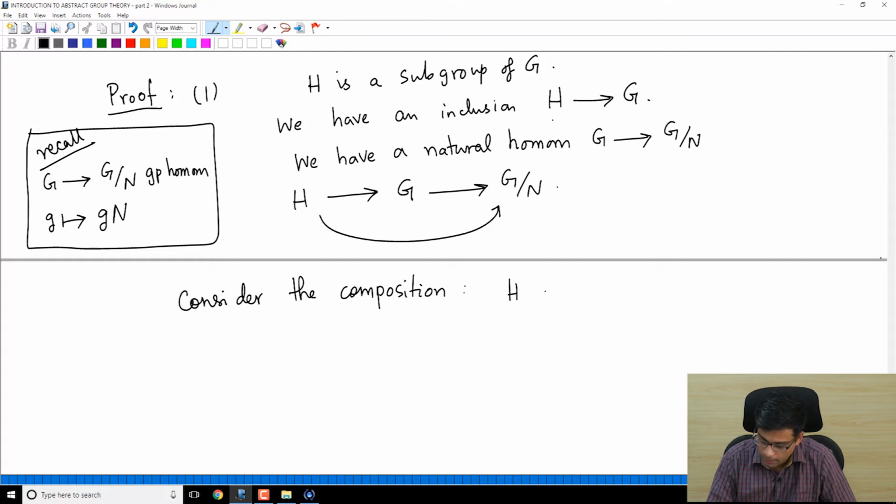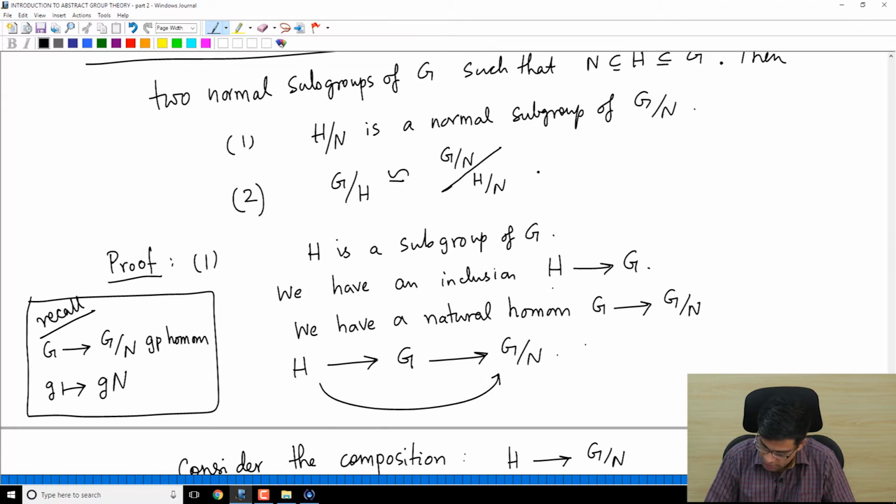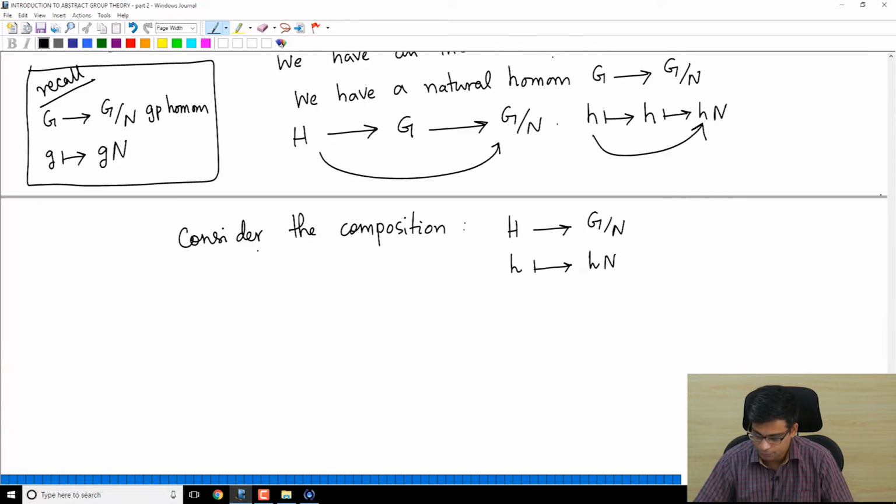It goes from H to G mod N, but it is actually going via G. First you send it to G and then you send it to G mod N. So this is really nothing but small h going to hN, because under the first map a small h goes to small h, and the second map takes small h to small hN. So under the composition small h goes to small hN. Okay, what is the kernel of this?